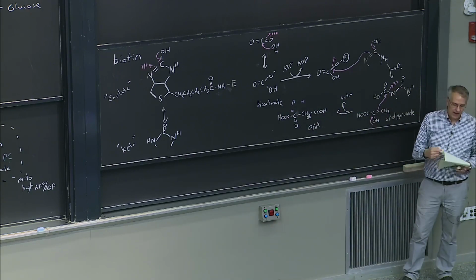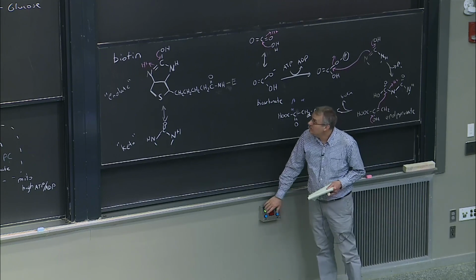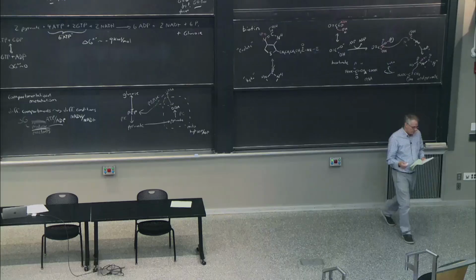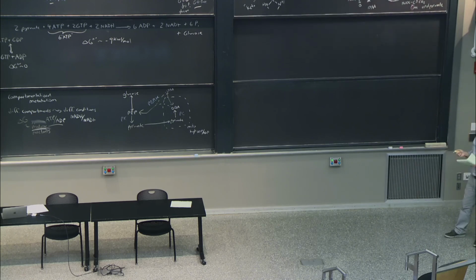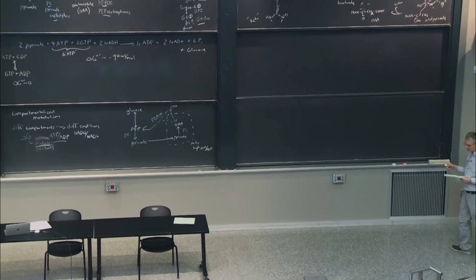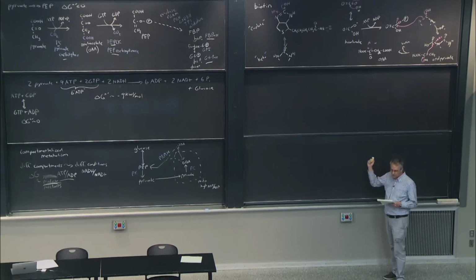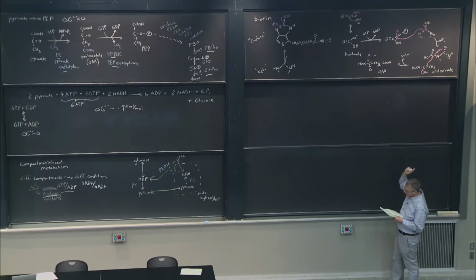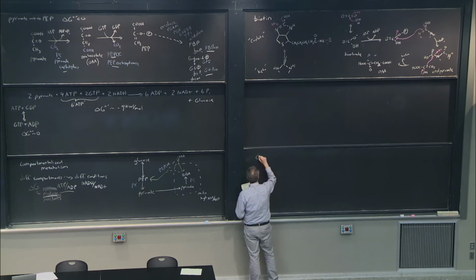So it's both an alpha and a beta keto acid. And it turns out that the way the TCA works is it takes advantage of the favorable decarboxylation of a beta keto acid, which we talked about last time, along with GTP to phosphorylate pyruvate and trap it in the enol form.